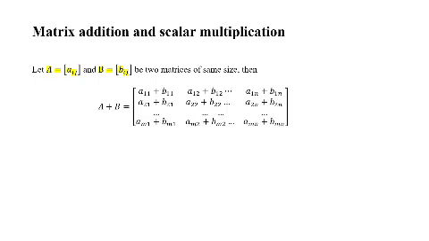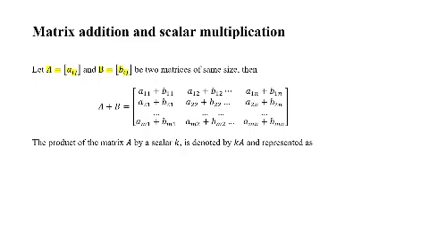Then A plus B is given by A11 plus B11, A12 plus B12, similarly A1n plus B1n. The second row will be A21 plus B21, A22 plus B22, A2n plus B2n, and similarly the mth row will be AM1 plus BM1, AM2 plus BM2, and AMn plus BMn.